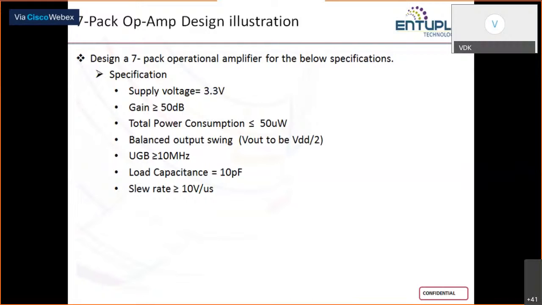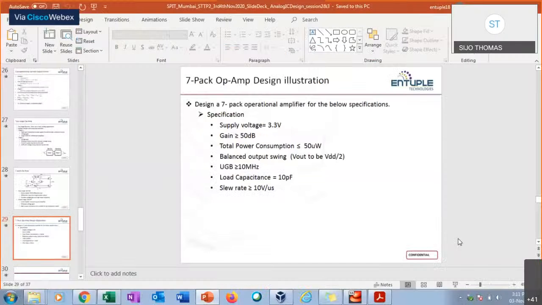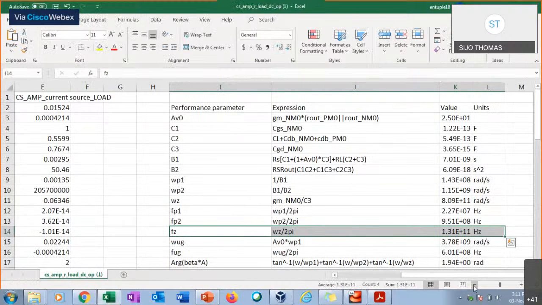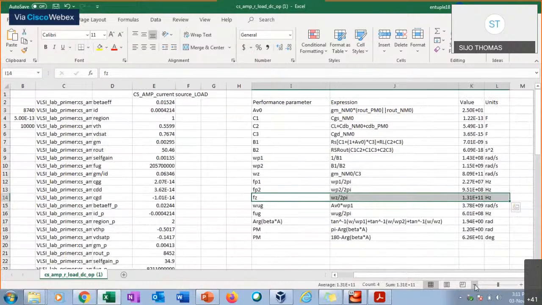Yeah, so here the design specifications are as given. So from the power consumption rating and the supply voltage, we are getting an ID value of, Naveen, can you open a spreadsheet, please? A blank one.